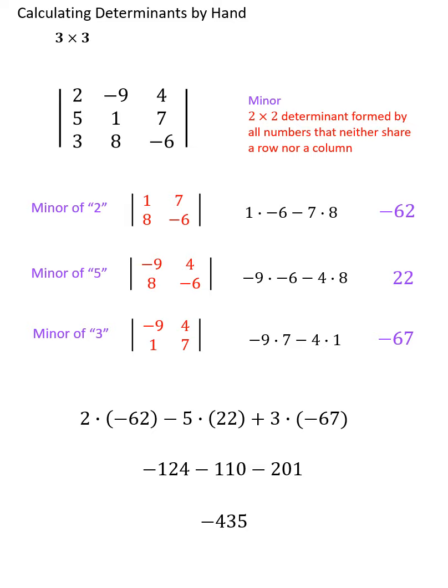it's worth mentioning that you notice how we used the first column and only the first column to perform this process? Well, we used all of the numbers, but we based all of our minors on the first column only. There are ways to do this by choosing the second column or the third column, or even by choosing a row instead and working our way across sideways.